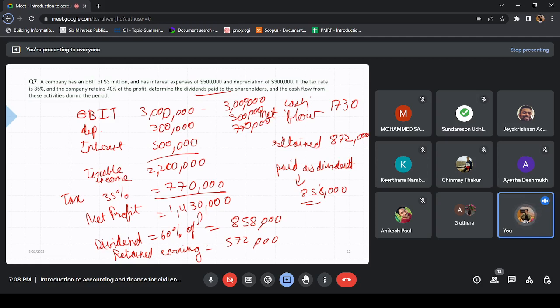But this depreciation is not in terms of cash. You are not spending paper money in this. When we're talking about cash flow, we are worried about the paper money or current assets and liabilities. Depreciation has gone from your asset side, so asset value has reduced, but it doesn't make any change in your cash flow.